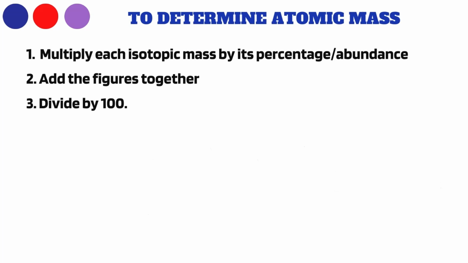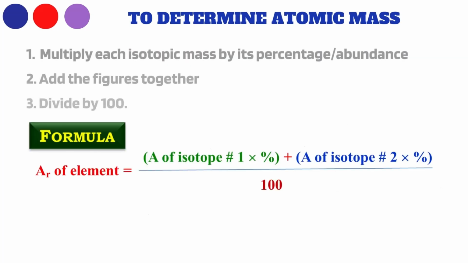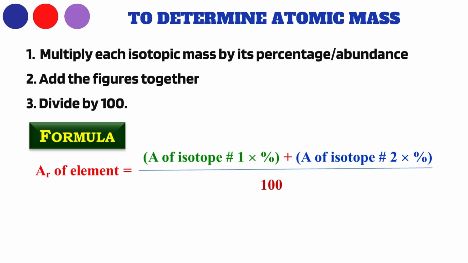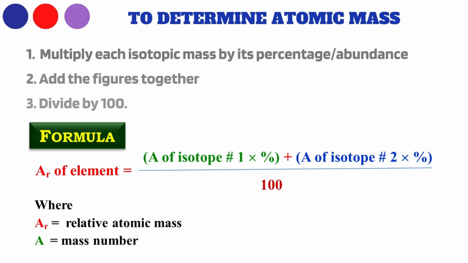Now you can see the formula. All the three steps that we have discussed are given here, where A with subscript R stands for relative atomic mass, whereas A is the mass number of individual isotopes.